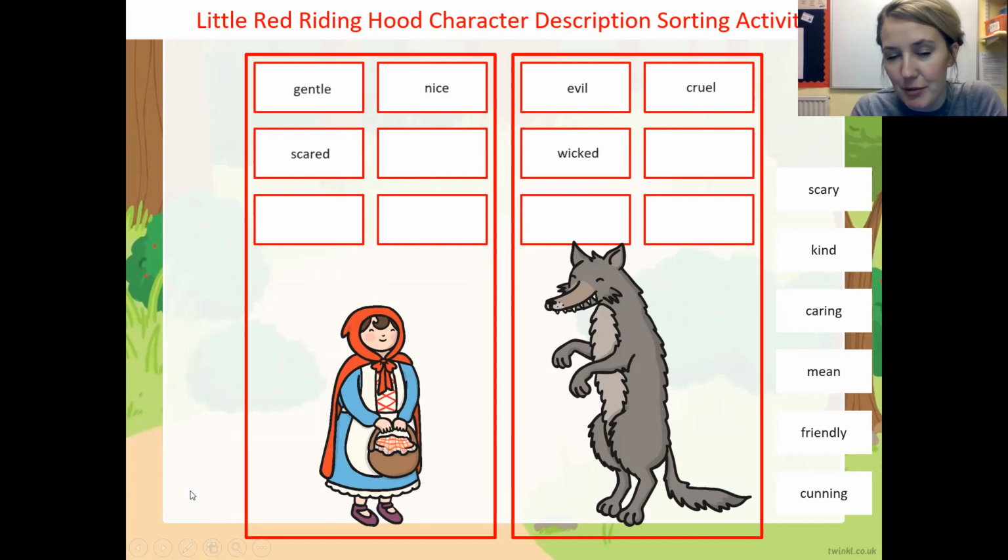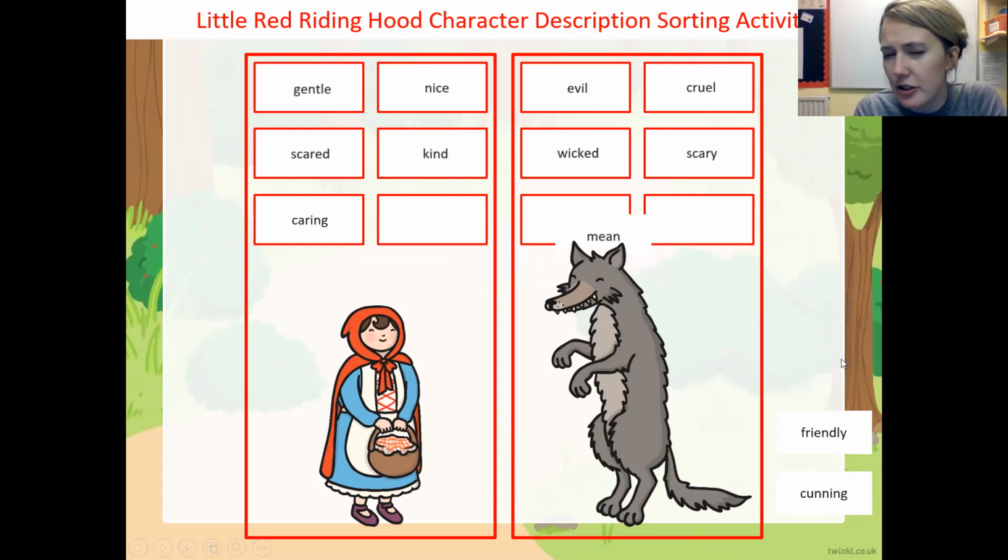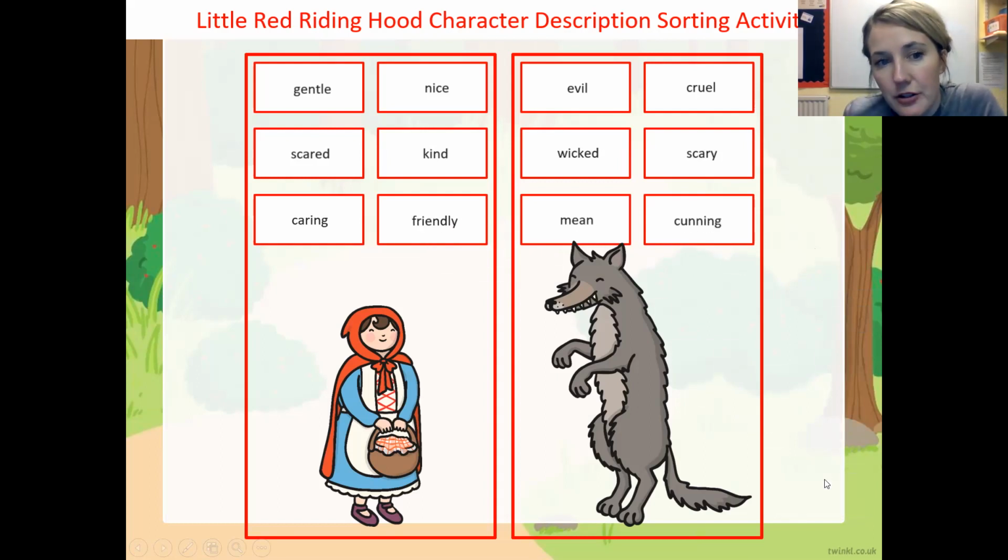I don't think in most of the versions you'd use wicked. Scary. Kind. I'd write that down on your keywords list for Little Red. Caring. Mean, you don't need that one. Friendly, and cunning. So you're going to have 6 adjectives to describe Little Red Riding Hood.